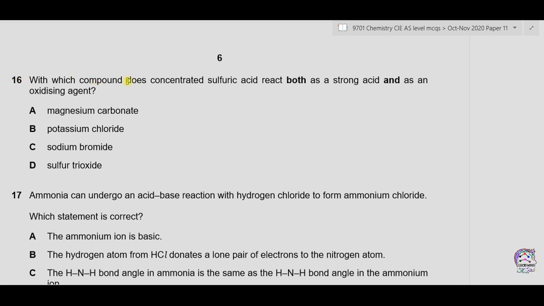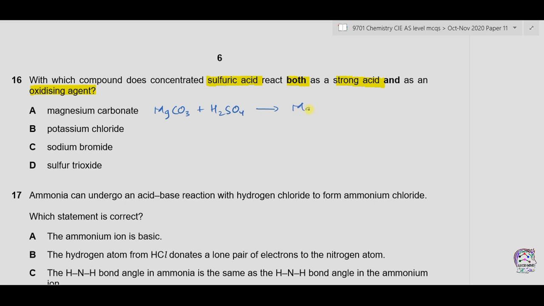Question 16. With which compound does concentrated sulfuric acid reacts both as a strong acid and as an oxidizing agent? Oxidizing agent is the one that oxidizes others while reduces itself. First one is magnesium carbonate. Let's write the equation with sulfuric acid. We have concentrated sulfuric acid, H2SO4.